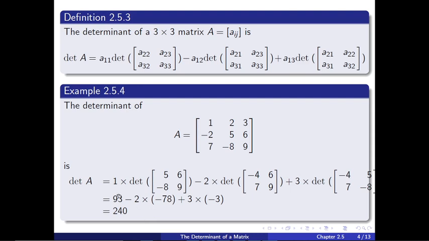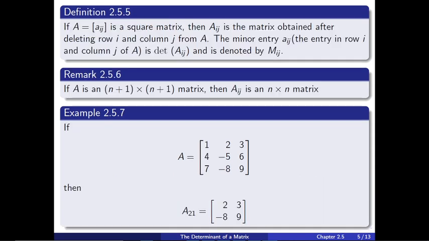Right, so if we do the evaluation, we can then calculate and see that the determinant is 240. You can do that. It's easy arithmetic.